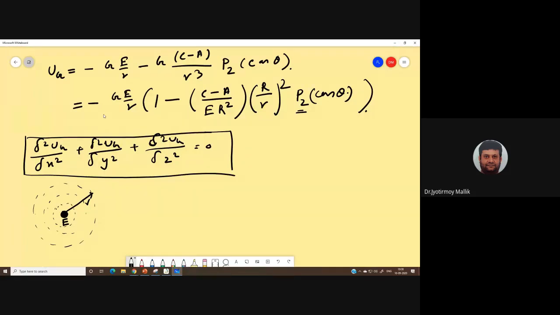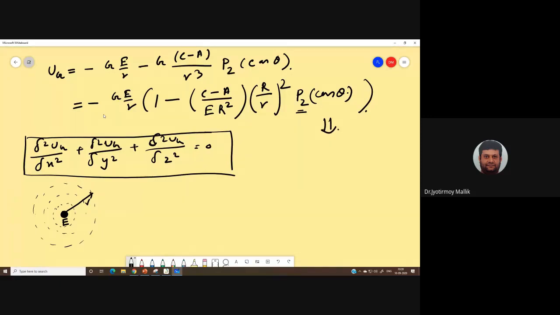So we need to expand it till infinity, where I can say if r is infinity, UG will become 0. We have to go all the way up to infinity. Hence I cannot just simply stop at P2. I have to expand it further.